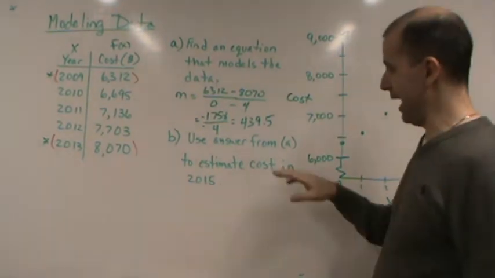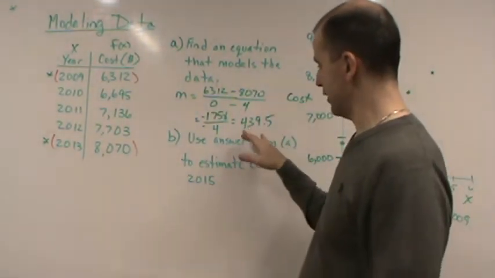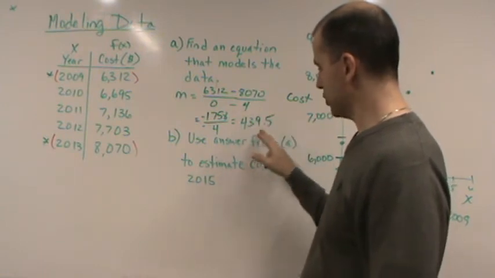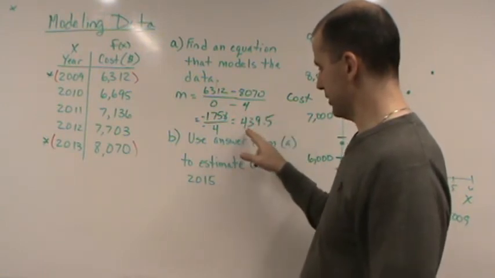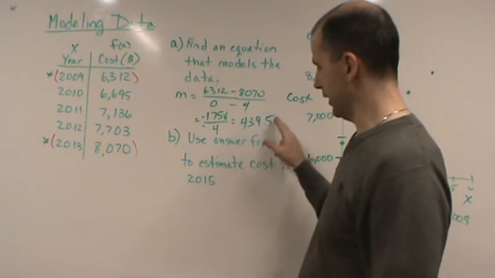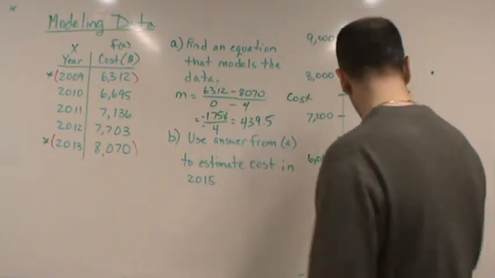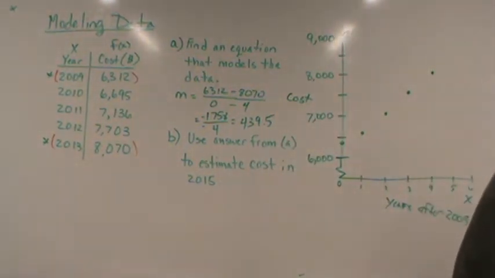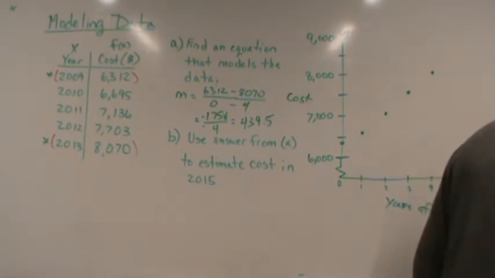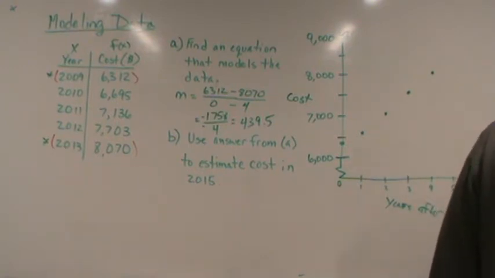As an average rate of change, what does this mean? This is telling us that the average tuition and fees is increasing by this amount of money per year. And so that's the slope.